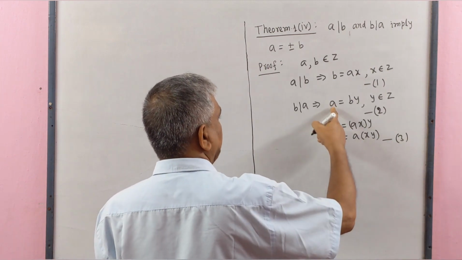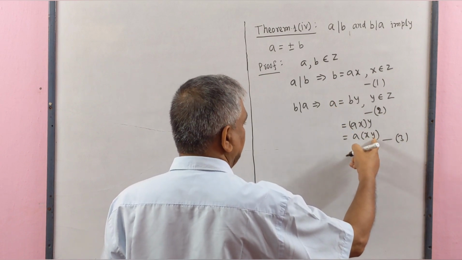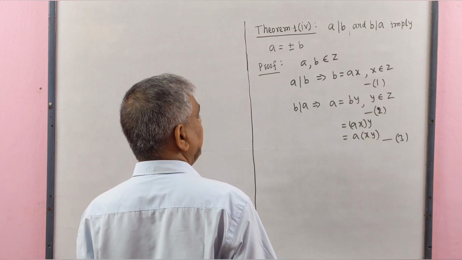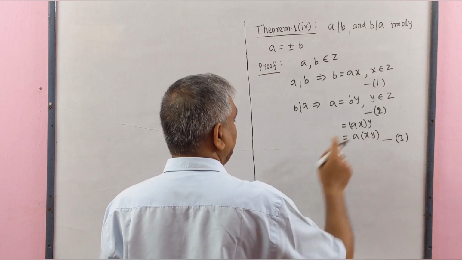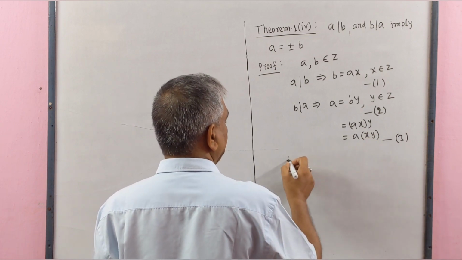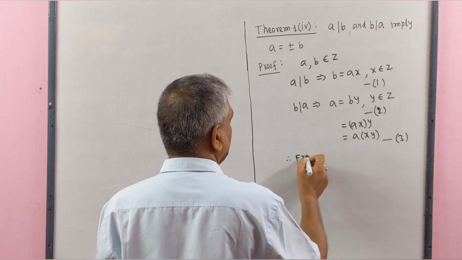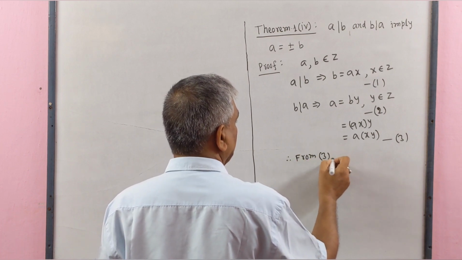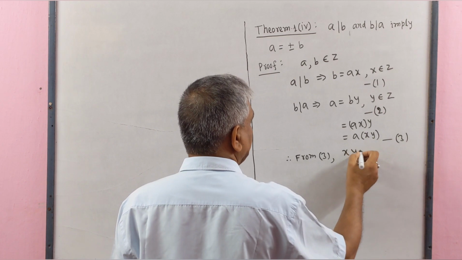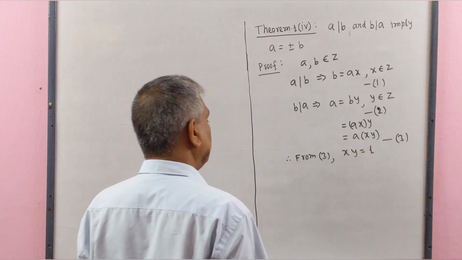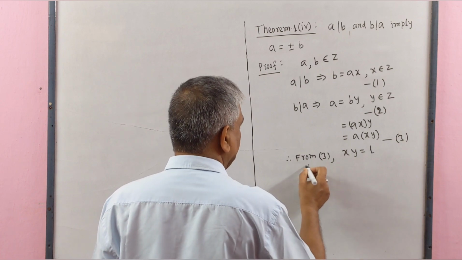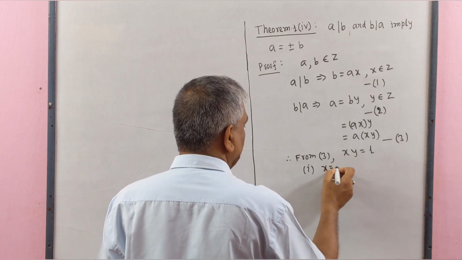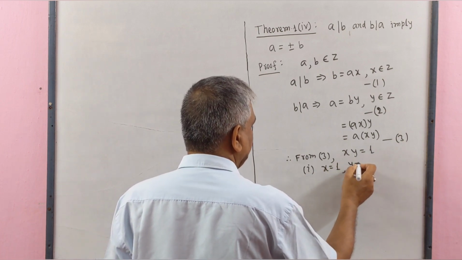Since A equal to AXY, that means XY must be equal to 1. Therefore, from 3, XY equal to 1, which is only possible when number 1, X equal to 1, Y equal to 1.